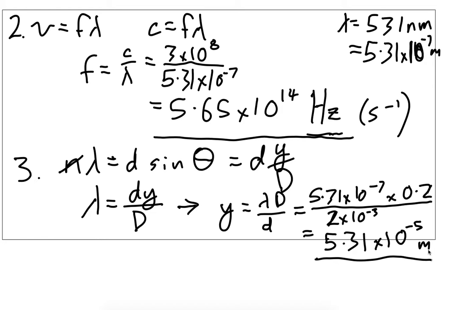Now that's very tiny, 10 to the minus 5 meters. It's on the order of hundredths of millimeters, about 53 nanometers. So it's not very large, this interference pattern. In this particular setup that we've got with this color of light and this separation of slits, the diffraction pattern is really quite tiny, but that's actually what the answer is for that one.